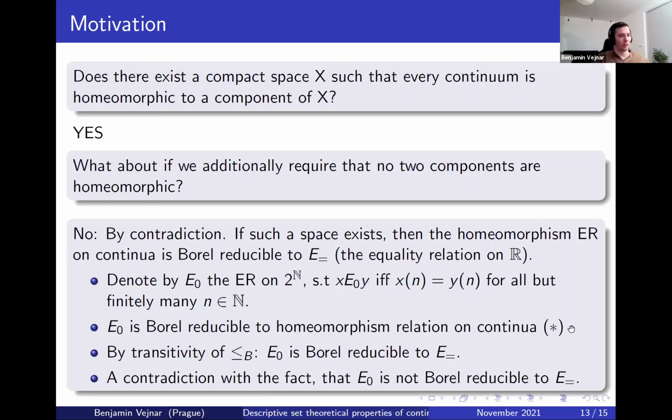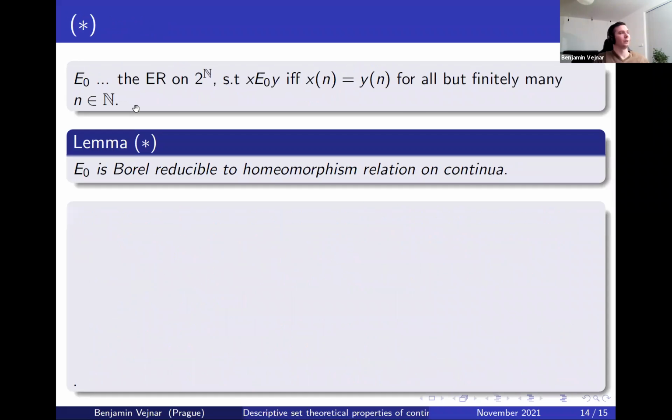So now I will explain it separately. Here the definition is just rewritten, and I wrote it as a lemma that E0 is Borel reducible to homeomorphism relation on continua. So what we need to do?